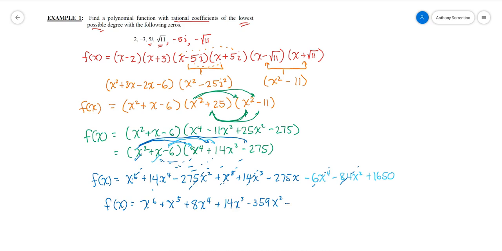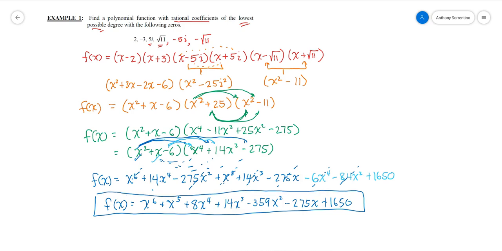I only have a minus 275x. And then the constant term, plus 1650. So this would be one possibility.